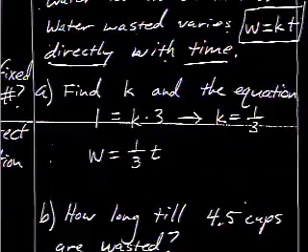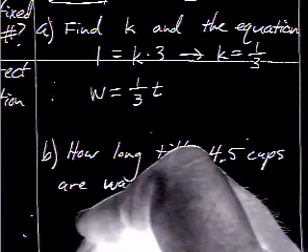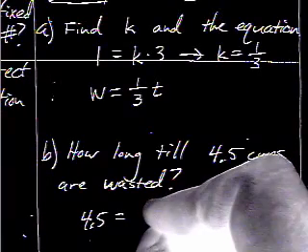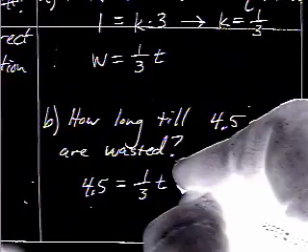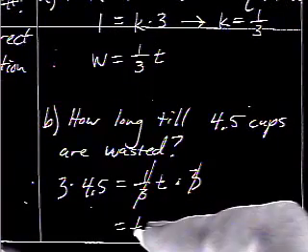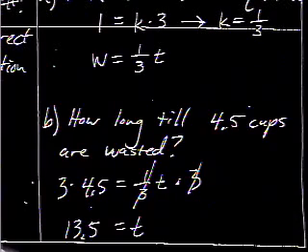How long till 4.5 cups are wasted? All right, so 4.5 is the amount of water that we've lost, and we're trying to find the time. Shouldn't be terribly difficult to see that I need to multiply both sides by 3 in order to get rid of the 1/3. And so we have 3 times that, or 13.5 minutes.